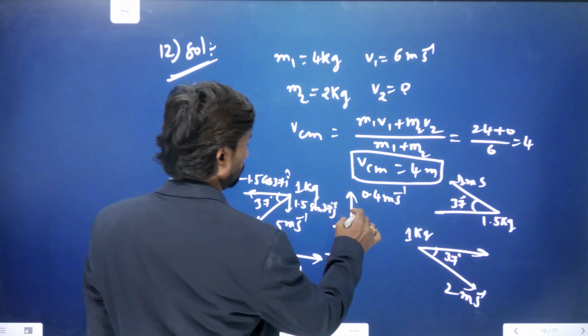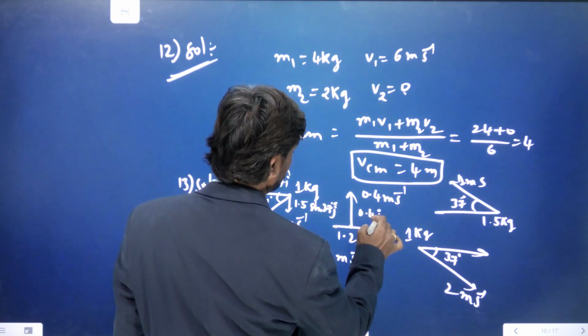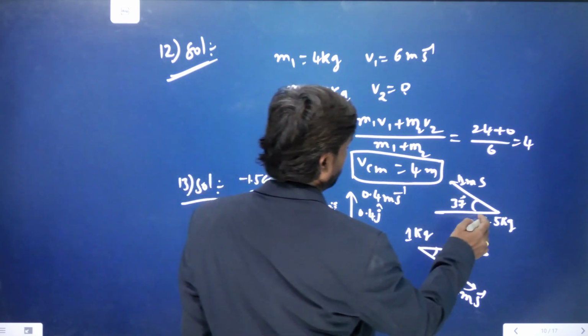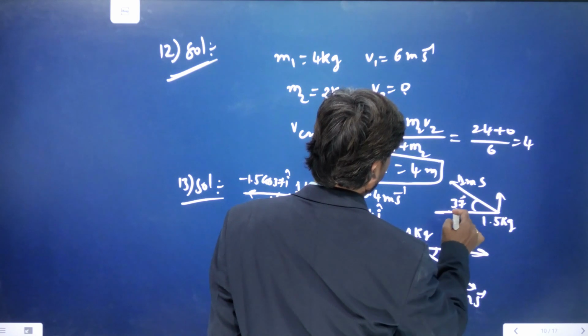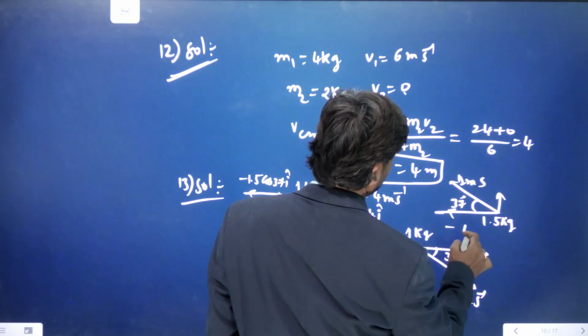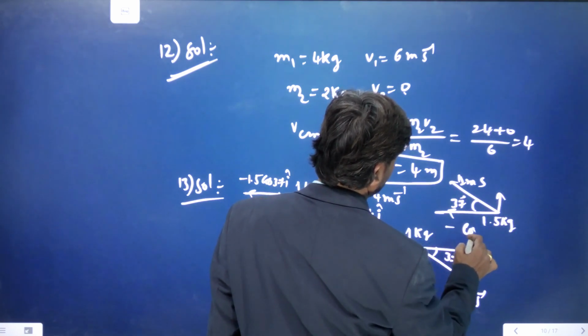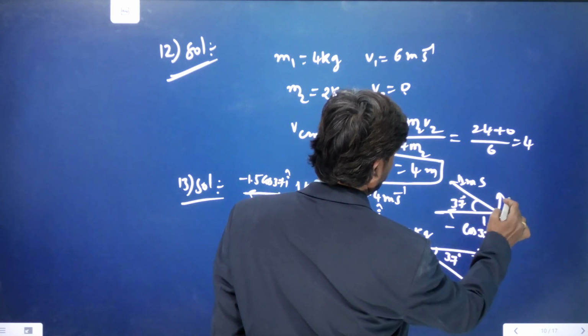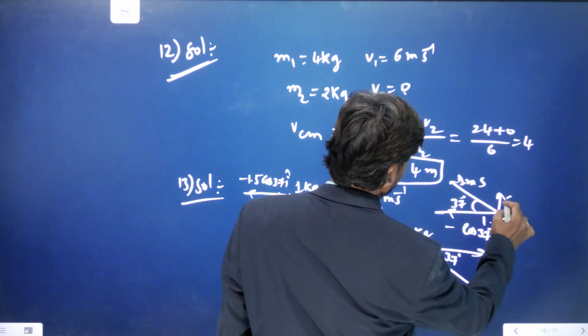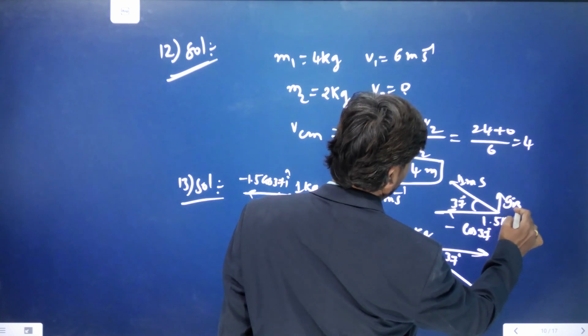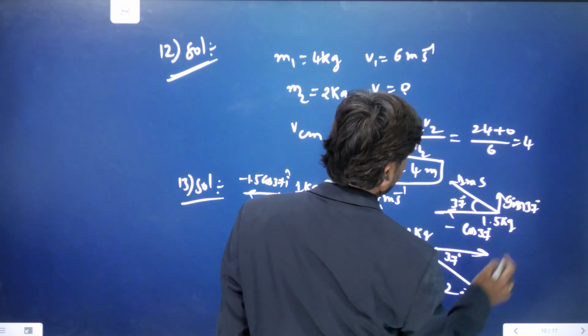So this is 0.4 j cap we can write, and for this one along this direction, this is negative, minus 1 cos 37 i cap, plus sin 37 j cap.